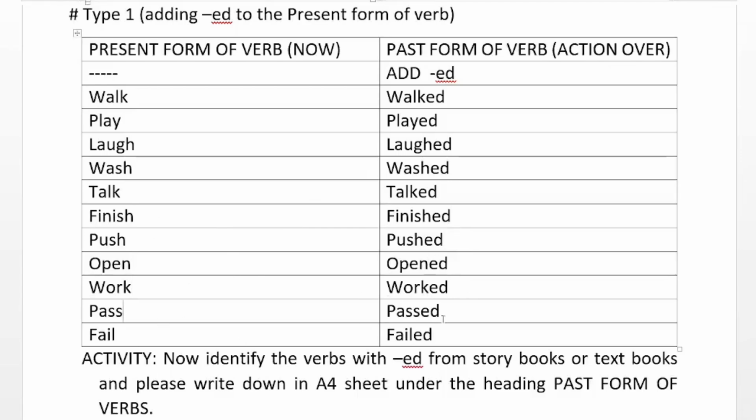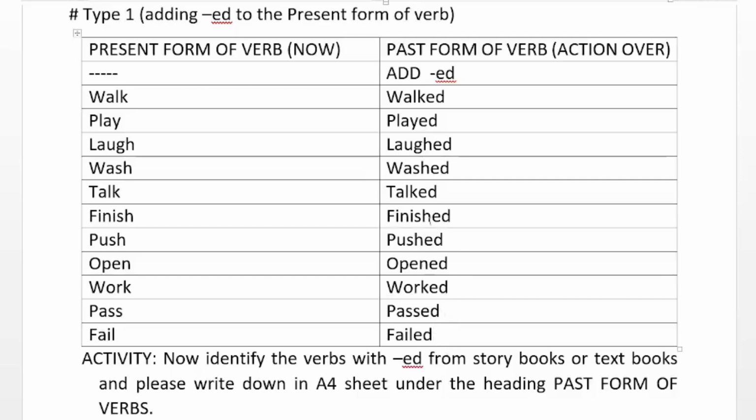Pass, passed. Fail, failed. When you complete this action, you say, I walked, I played yesterday, I laughed with my friends, I washed my hands, I talked to my friends, I finished my homework, I pushed my sister, I opened the door, I worked hard, I passed in the examination, I failed in the examination.